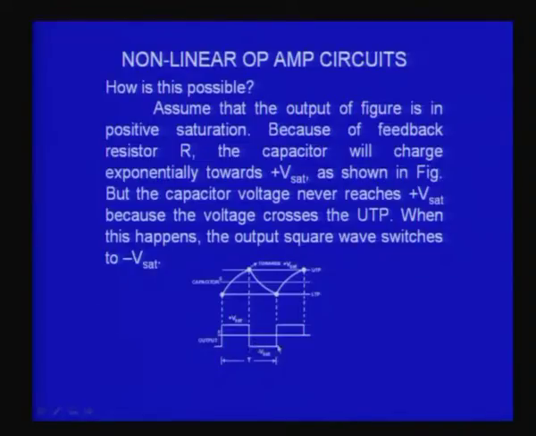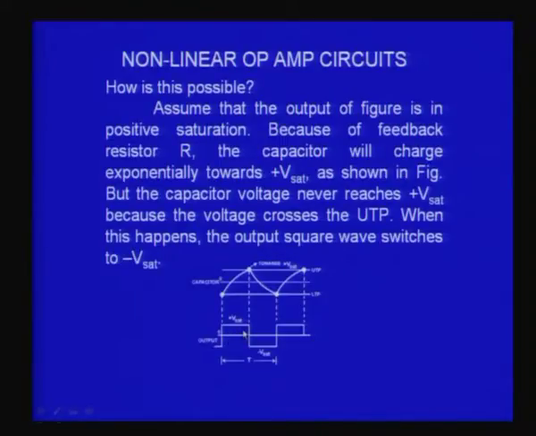So the total time period is one excursion from UTP to LTP and LTP to UTP. That is what is shown in the figure as period T. One part of it is half of the period, or T by 2, corresponding to this sign.